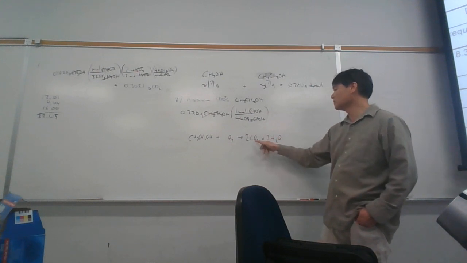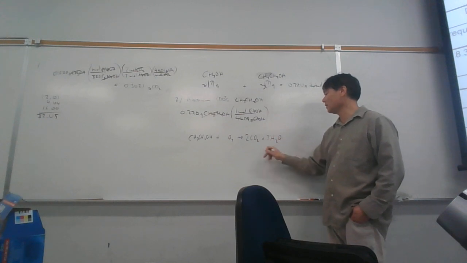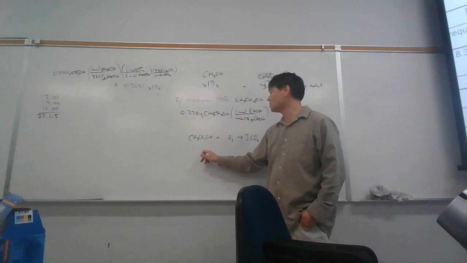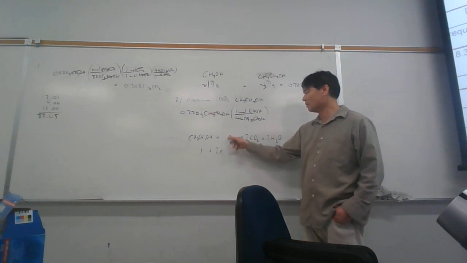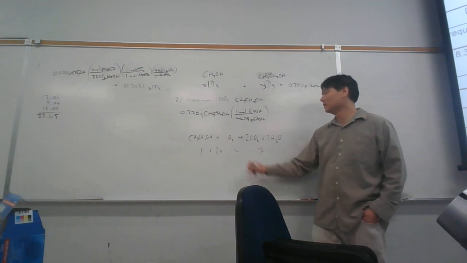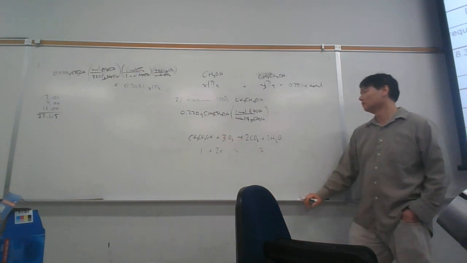That's going to fix the oxygens on the right: 4 plus 3 gives me 7 oxygens on the right. And then I have 1 oxygen here. So 1 plus 2x, because I have 2 oxygens for every O2, is equal to 7. So what is x? We need 3 O2s, and then it balances.